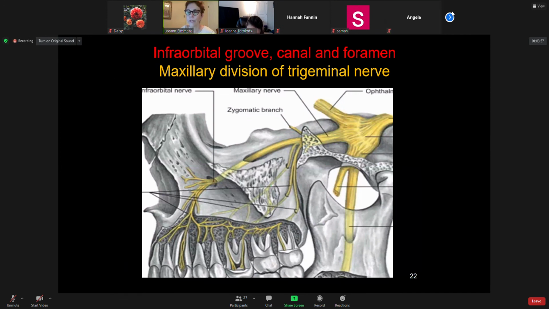Here you see it on this diagram, that this nerve to the upper teeth comes through, and here it is in the infraorbital groove. Do you have this diagram?